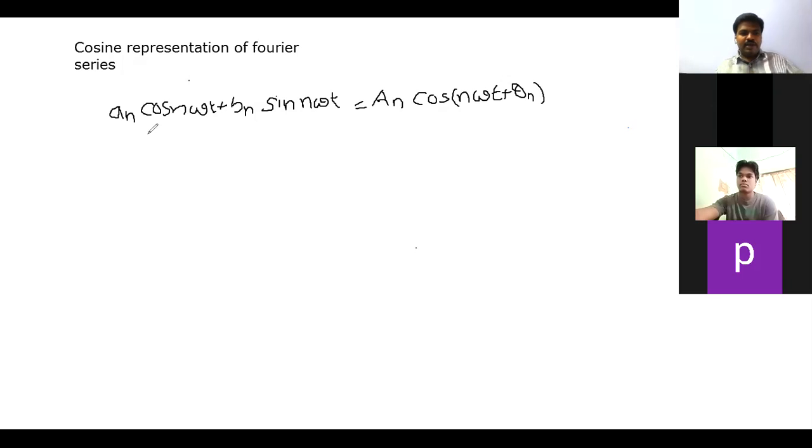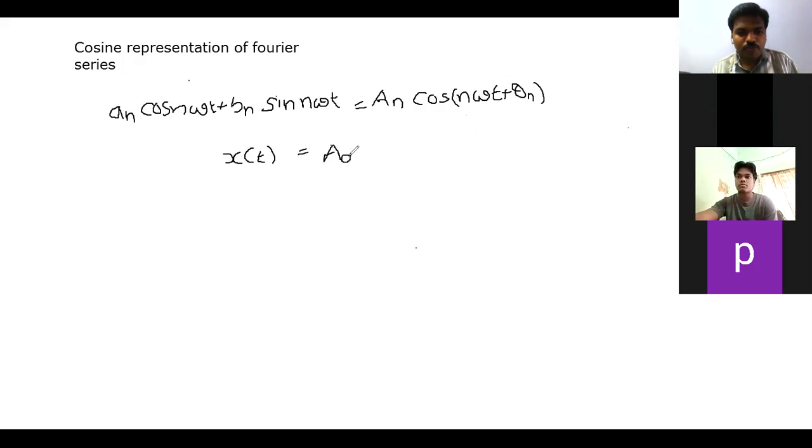We can write an into cos n omega t plus bn into sin n omega t is equal to an into cos of n omega t plus theta n. Now this is your cosine representation of a Fourier series. Now see here, in the cosine representation, x of t is equal to a naught.